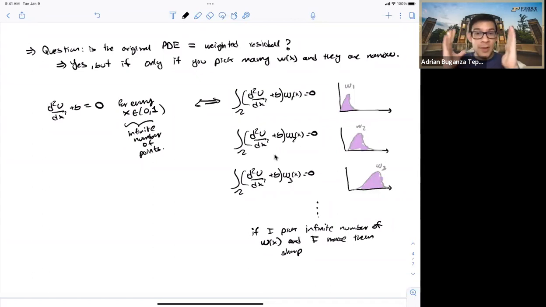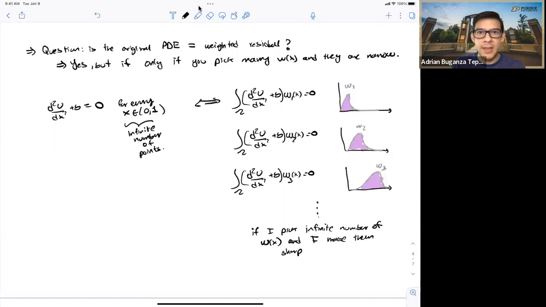But if I make these W's sharper and sharper, then I'm essentially zooming into smaller and smaller regions. And then obviously I need more and more W's to be able to cover the space. So they are the same. It's just one says satisfy for every single point x. The other one says, let me use this W to sort of zoom in a little bit. And with the W, I can control how much I want to zoom in. And then if I zoom in a lot, then I can use many, many W's. And then they are the same problem.